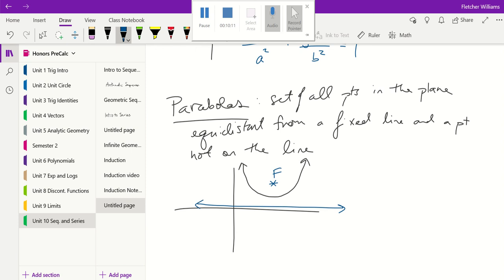The thing is, you pick any point on the parabola, any point you want. You draw a line from that point to the focus, draw it down to the line, they're equidistant. Let's call this point D, let's call this point P. So we have that PF equals PD for all points on the parabola.